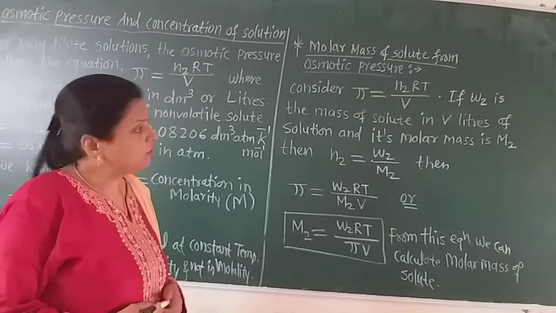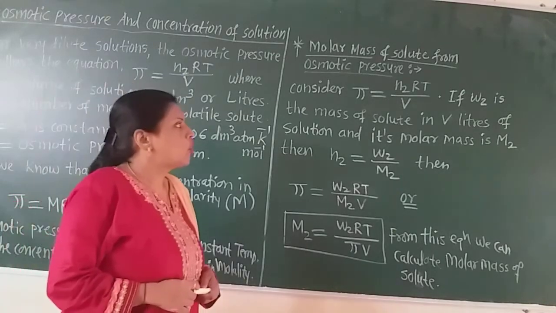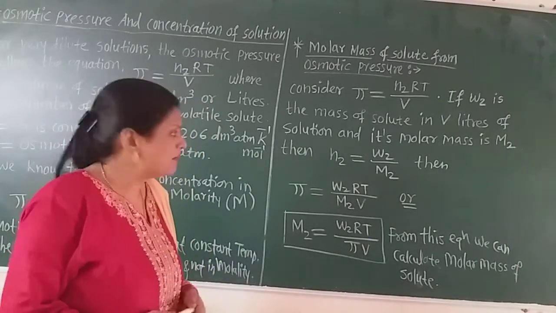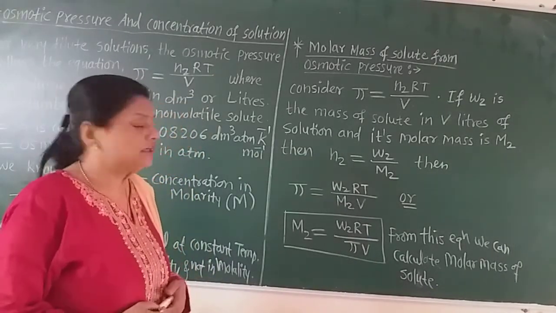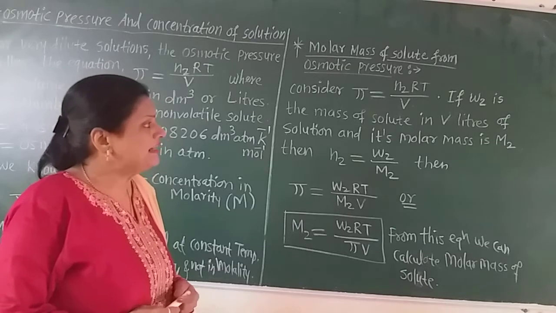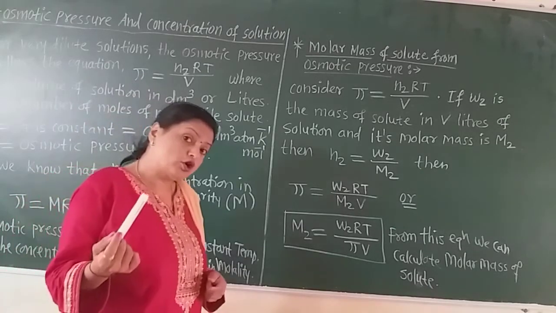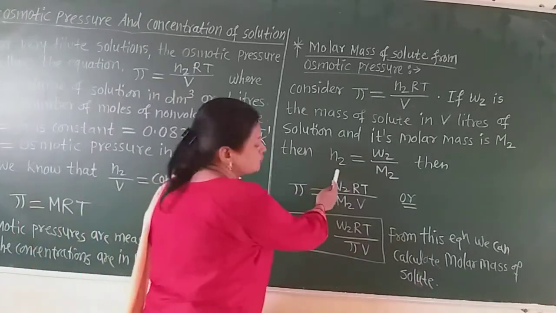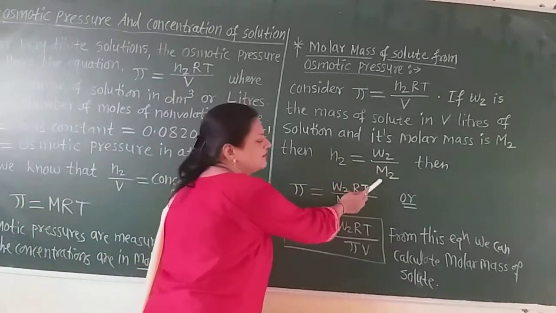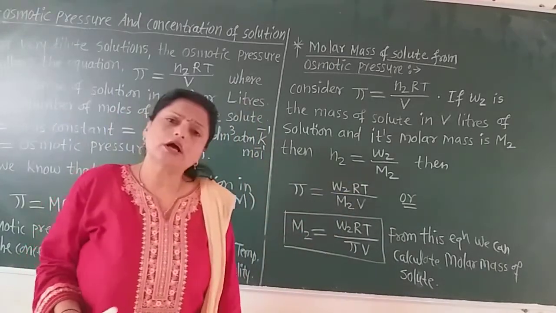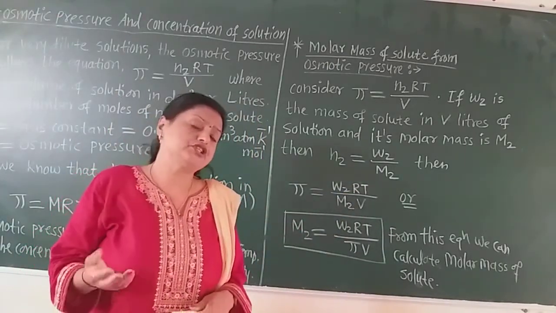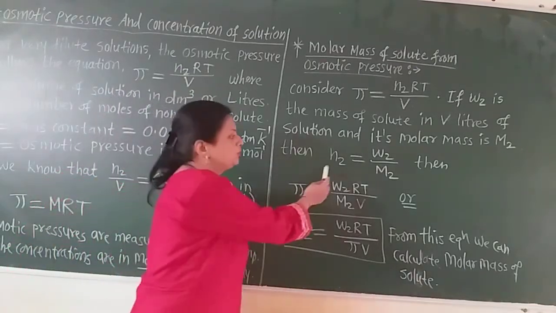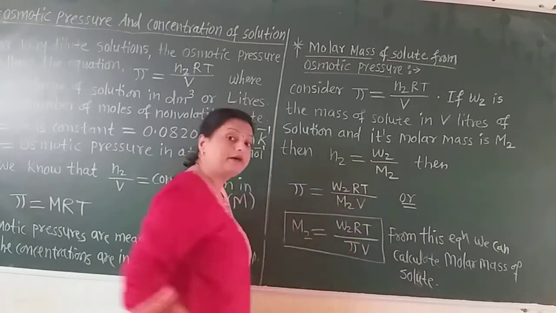Now students, if we take W2 gram as the mass of the solute in V liters of the solution, and its molar mass is M2, then the number of moles of solute N2 is equal to W2 divided by M2, because we know how to calculate the number of moles. Number of moles is equal to weight in gram divided by molar mass or molecular weight. So N2 can be calculated as W2 divided by M2.